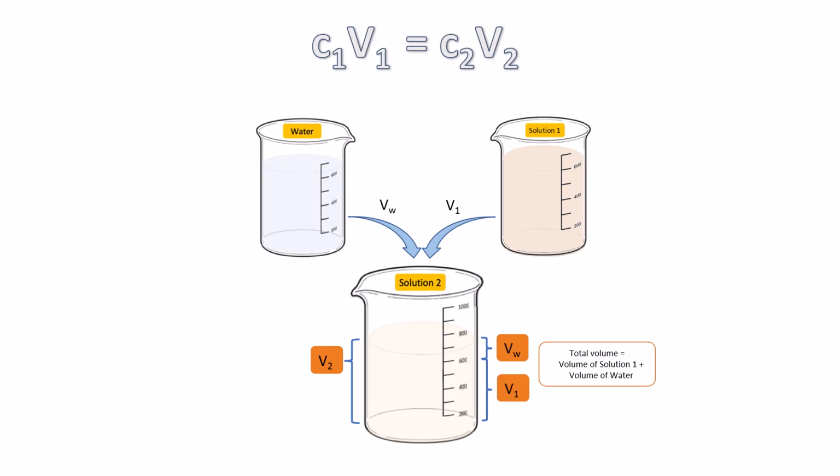I also mentioned that in some questions, the volume of water is given as a separate measured variable, which means it warrants its own identity and that it requires special treatment during the problem-solving process. To give it that special treatment, we will recognize that V2 is equal to V1 plus VW, and then alter the C1V1 is equal to C2V2 formula through substitution to show that other variable for water.